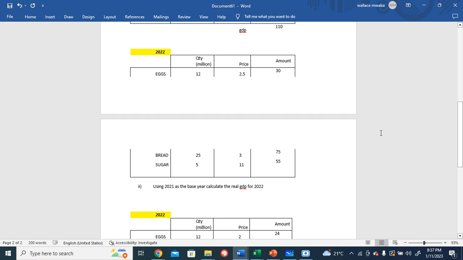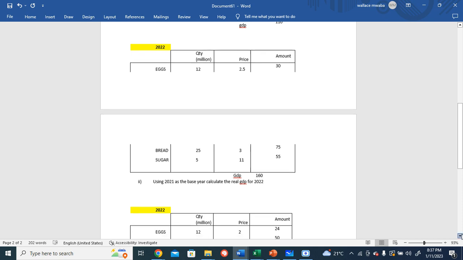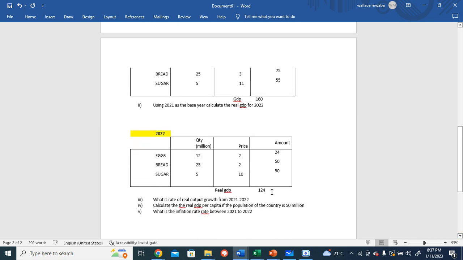Sugar was 10 kwacha, in 2022 it was 11 kwacha. So with those price increases, we're given a nominal GDP of 160 million. But when we adjust it and use the base year's prices, you can see that our real GDP is 124 million.